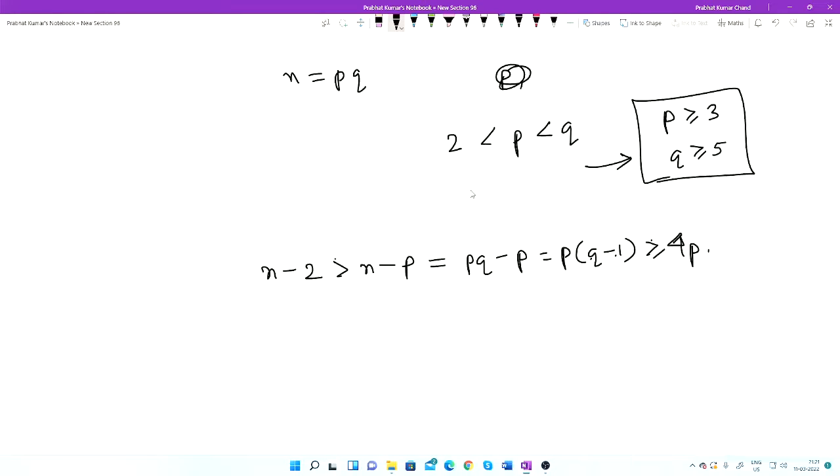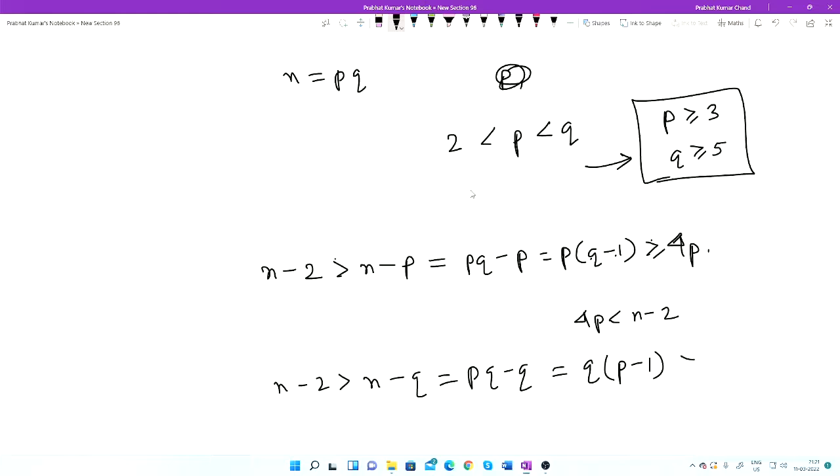So this 4p is less than n minus 2. And similarly for q, we get n minus q, which is pq minus q, again q into p minus 1, and p's minimum value is 3, so 3 minus 1 is 2, so it's greater than or equal to, sorry, 2q. So both 4p and 2q are less than n minus 2, right?